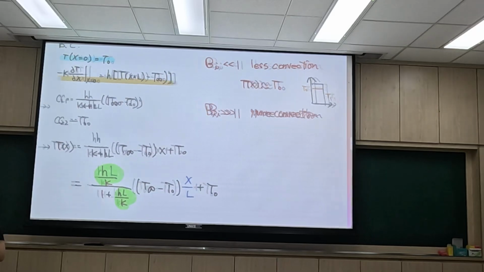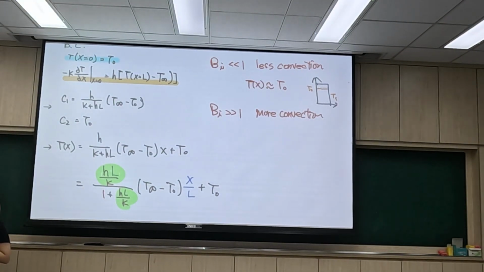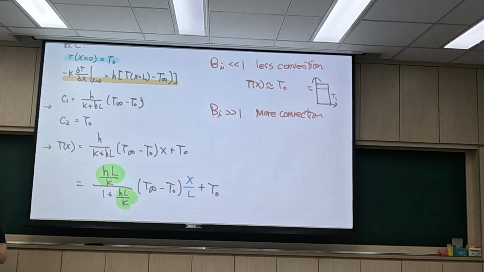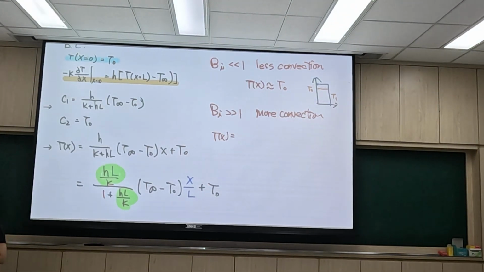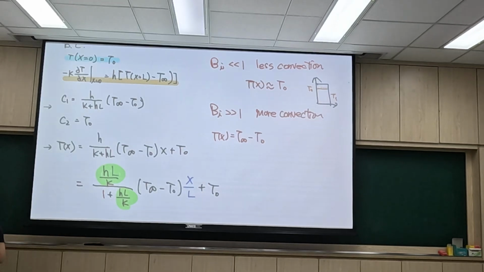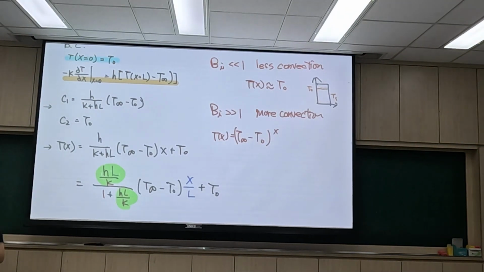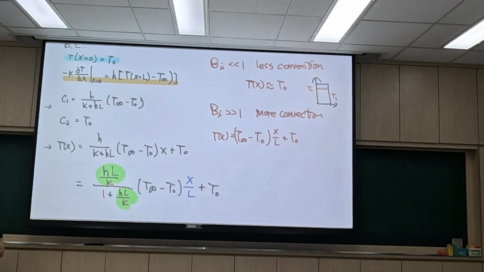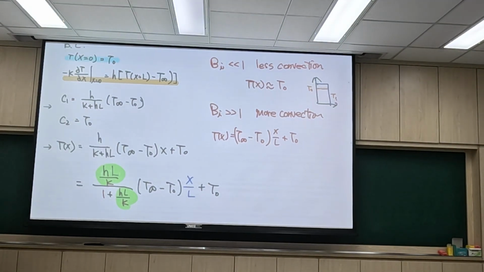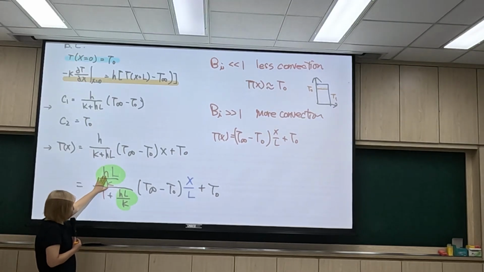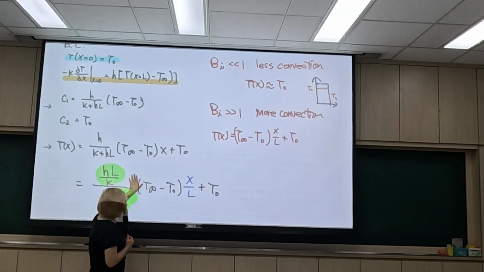Then what if the Biot number is quite huge? Then the equation will become T(x) equals T infinity minus T0 times x over L, and we keep everything here. Because we put infinity here, that term will become 1, so the equation will stop here.